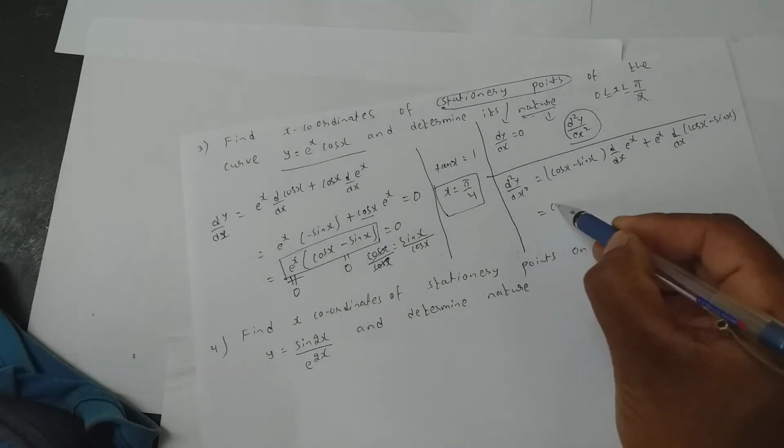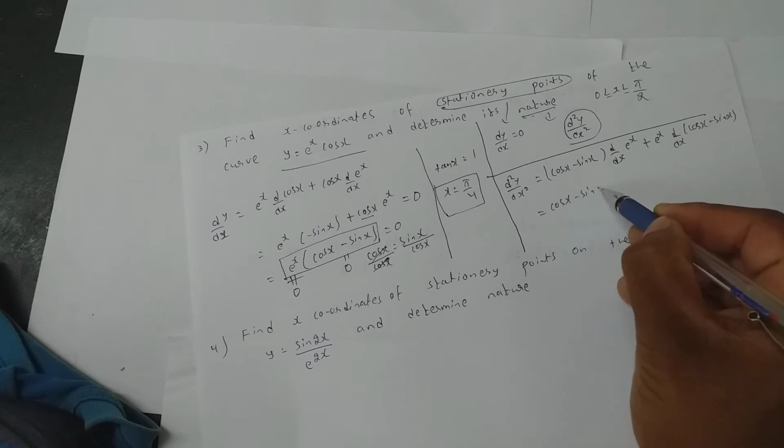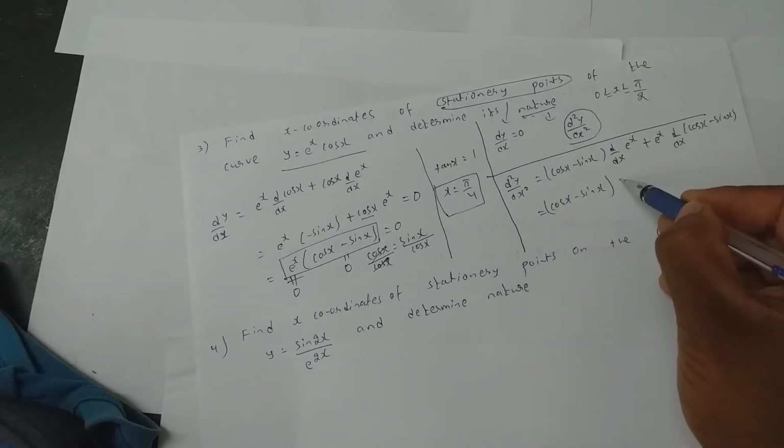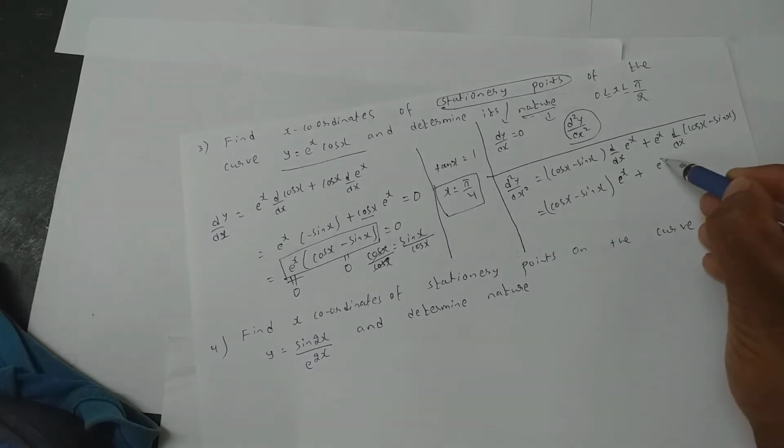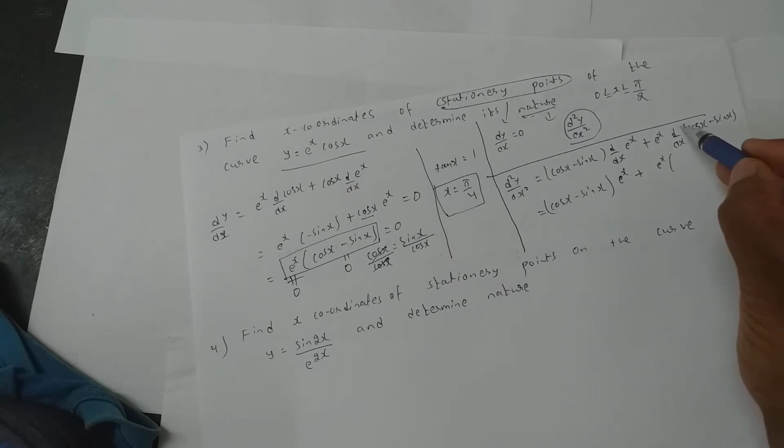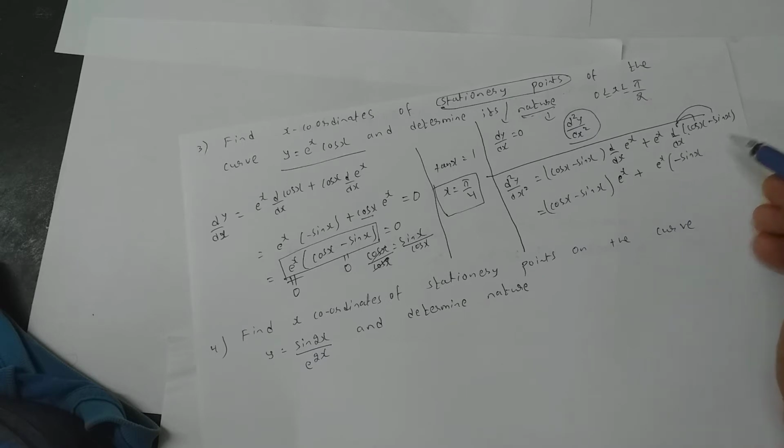So now what do I get? Cos x minus sin x into e power x derivative is e power x, plus e power x into cos x derivative is minus sin x, and here minus sin x derivative is cos x.